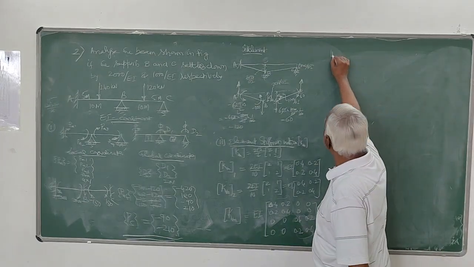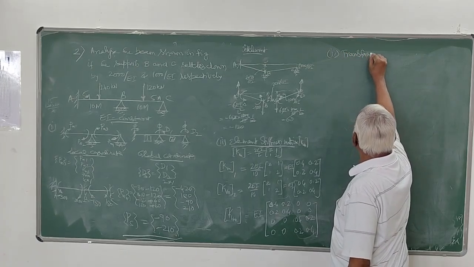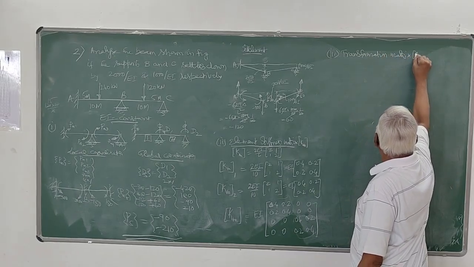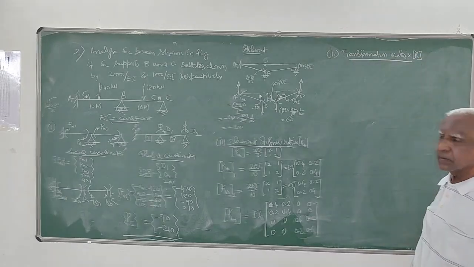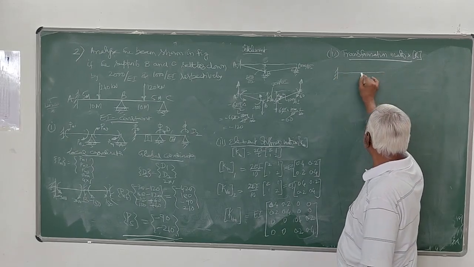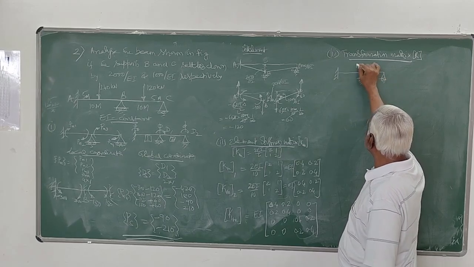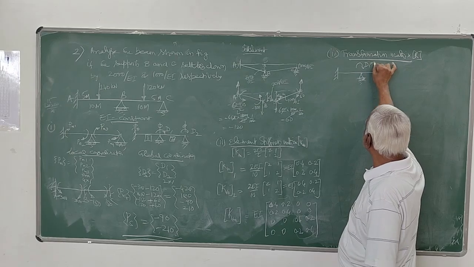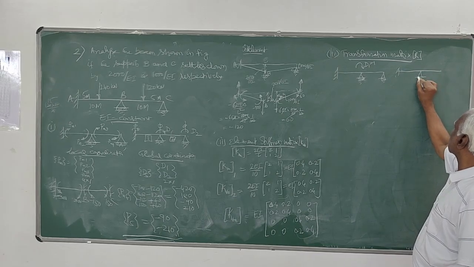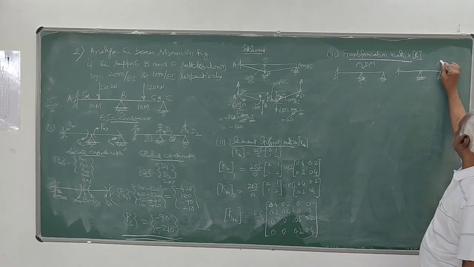Next, the third step, transformation matrix. It is very simple. As usual, you have to give unit displacement along each of the global coordinates one at a time and calculate the corresponding local coordinate displacement.